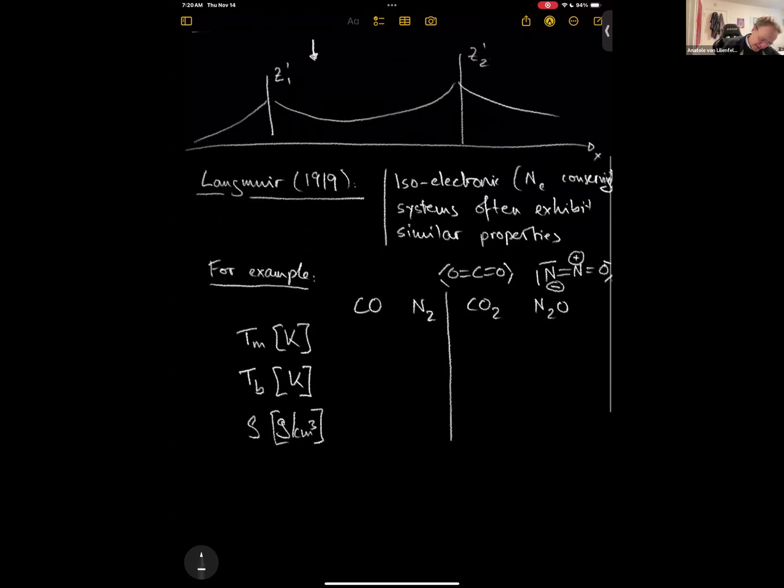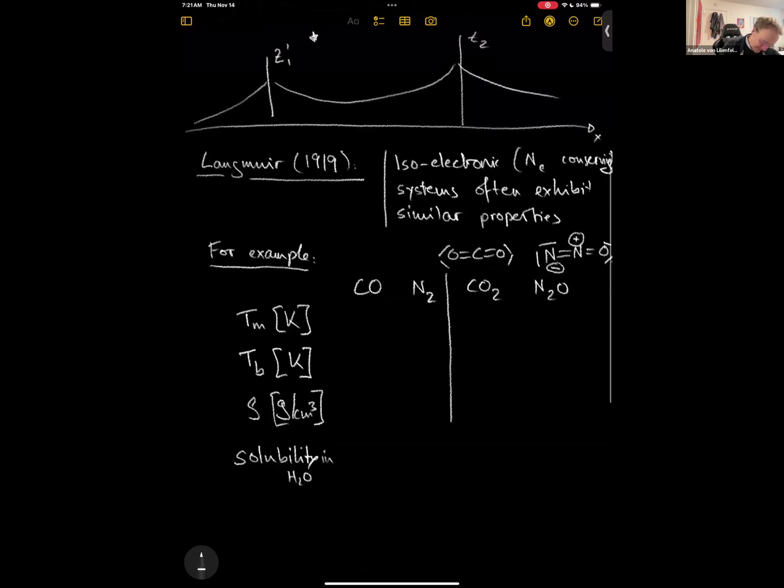We will also look at the solubility in water, as well as maybe the bond strength, which is the atomization energy, right?